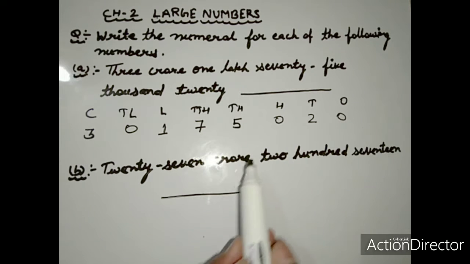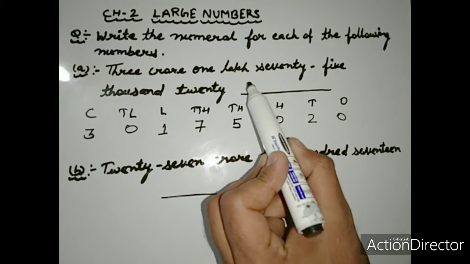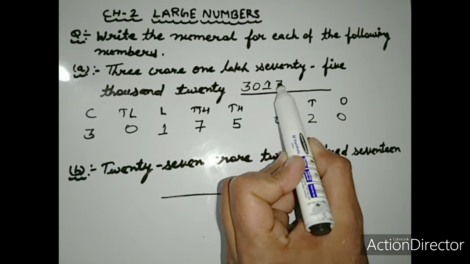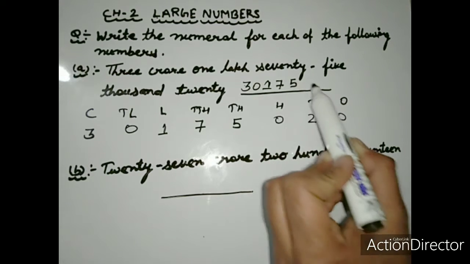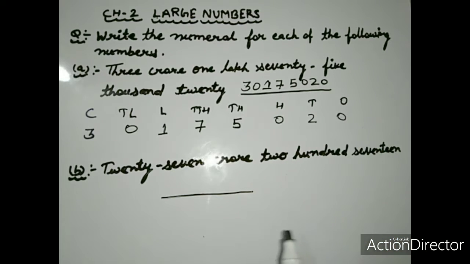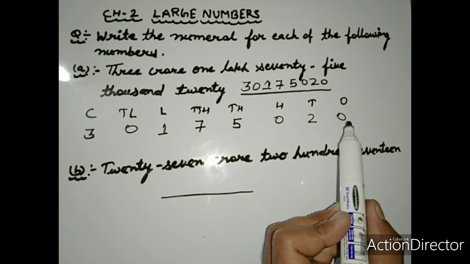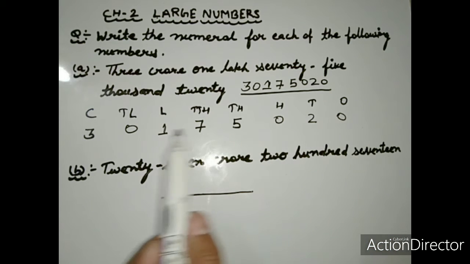So the numeral value of this word form is 3,01,75,020. Students, you all know that we write the numeral in the Indian number system and the international number system in standard form. Here we write this numeral according to the Indian number system, so we separate the different places.